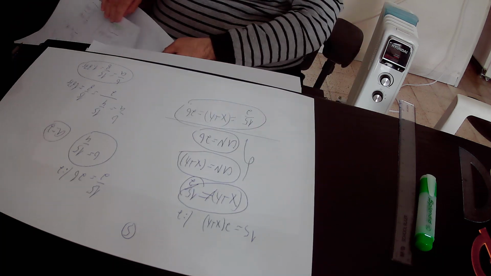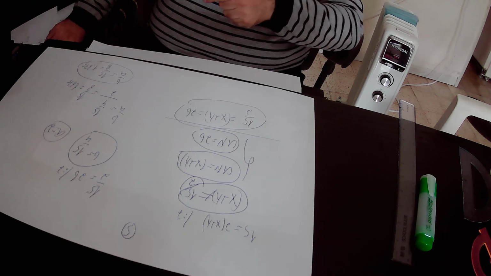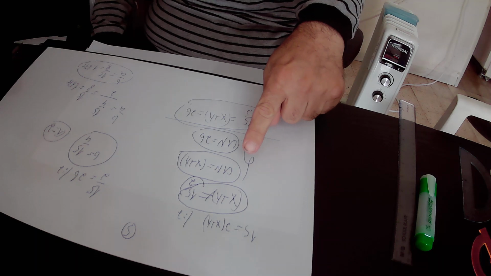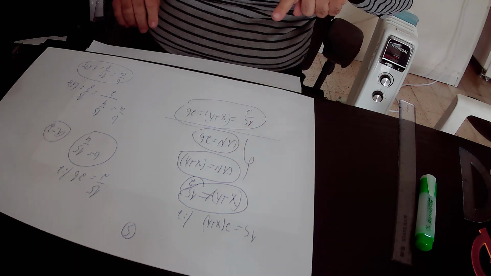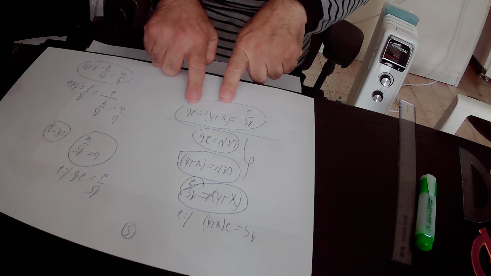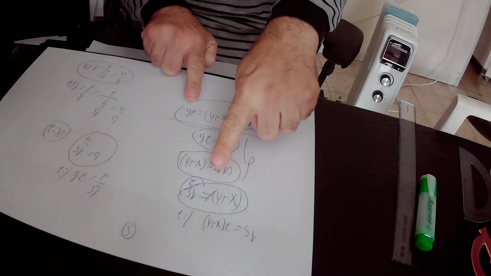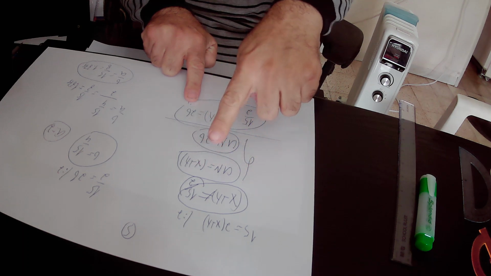So you can write here that UN equals to 2b, and from those two equations, UN equals to x plus h and UN equals to 2b, we will derive that x plus h equals to 2b, but we already found out that x plus h equals also to 15 over 2.